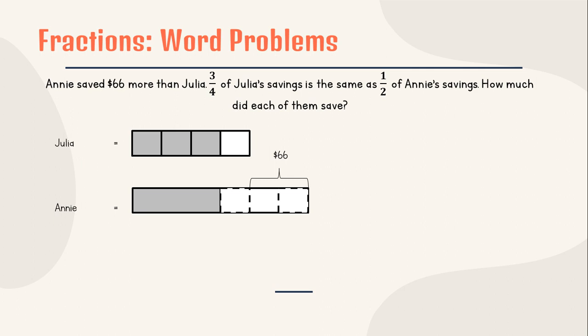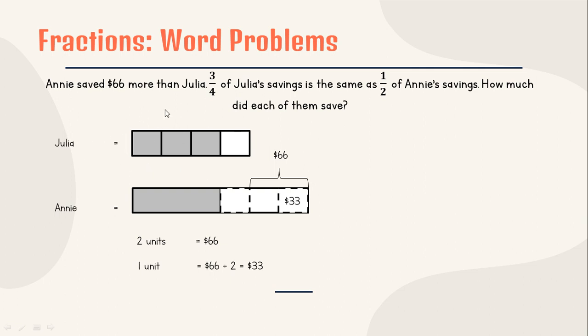Their amounts of saving will not be the same, but will be different. And now look at here. We have 2 units. 2 units equals 66. So 1 unit equals $33. How? 66 divided by 2 equals 33.